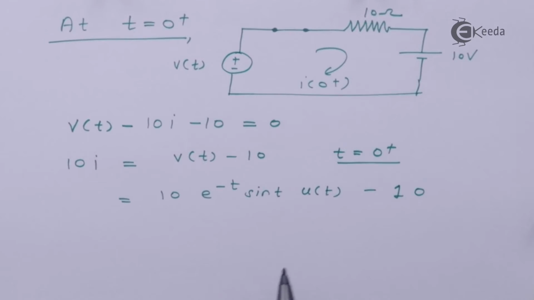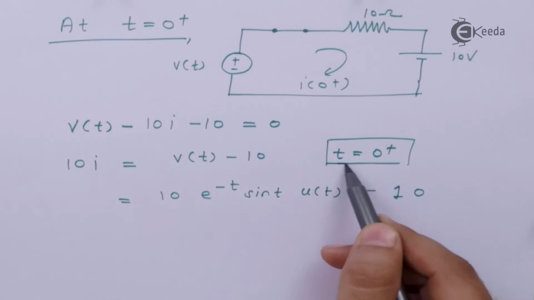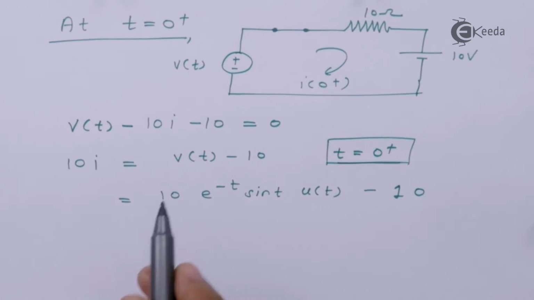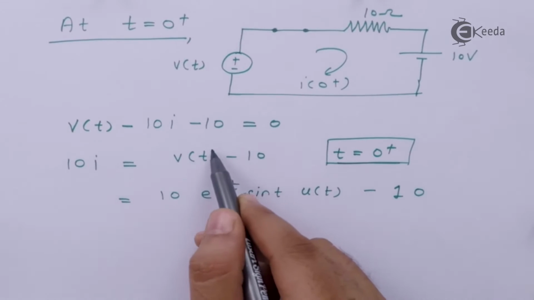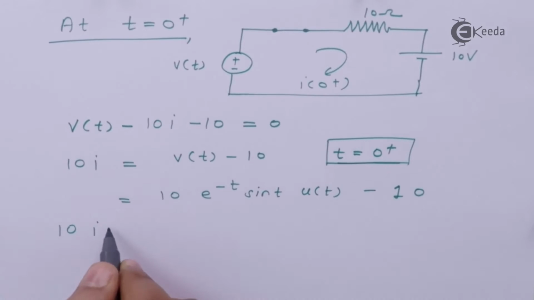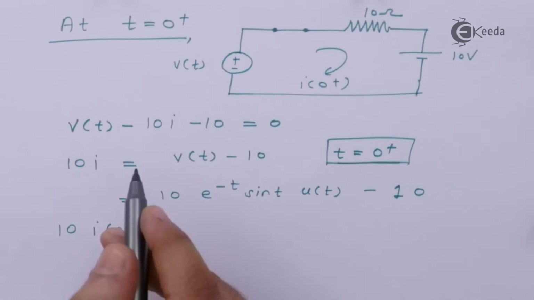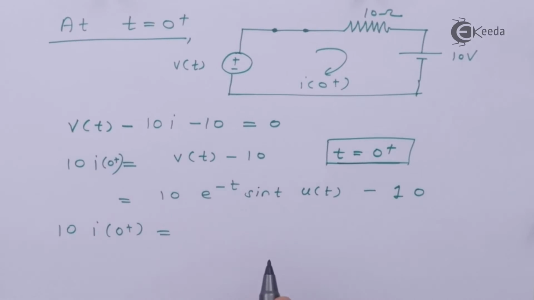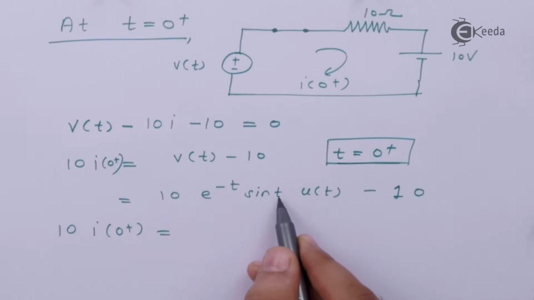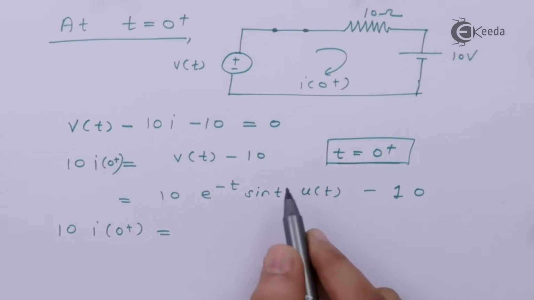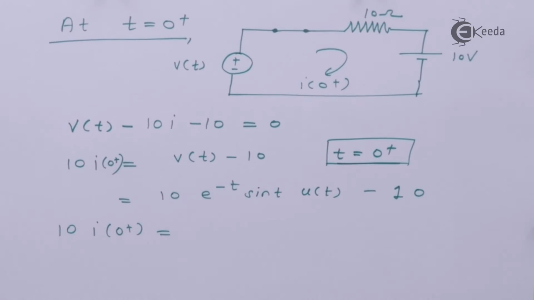So this is our equation now at time t equal to 0 plus. This t is nothing but 0 plus, and I also is at 0 plus. So now when I substitute t equal to 0, sin 0 will become 0, and then this complete term becomes 0.